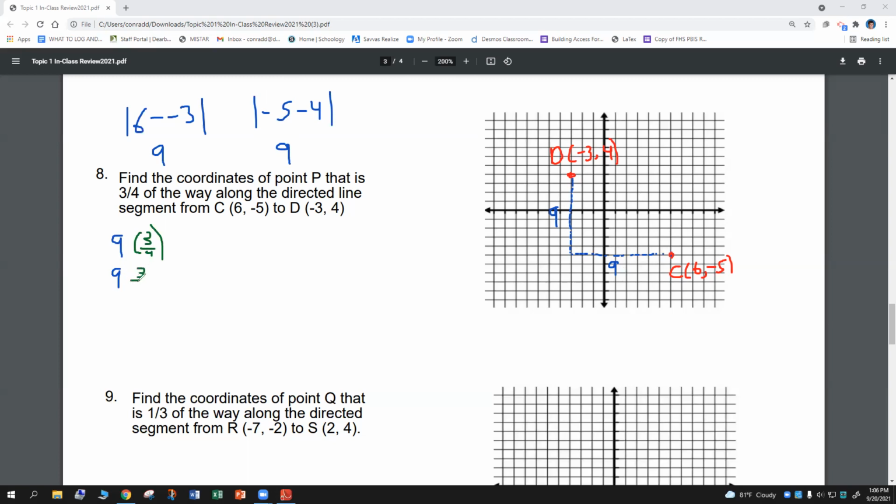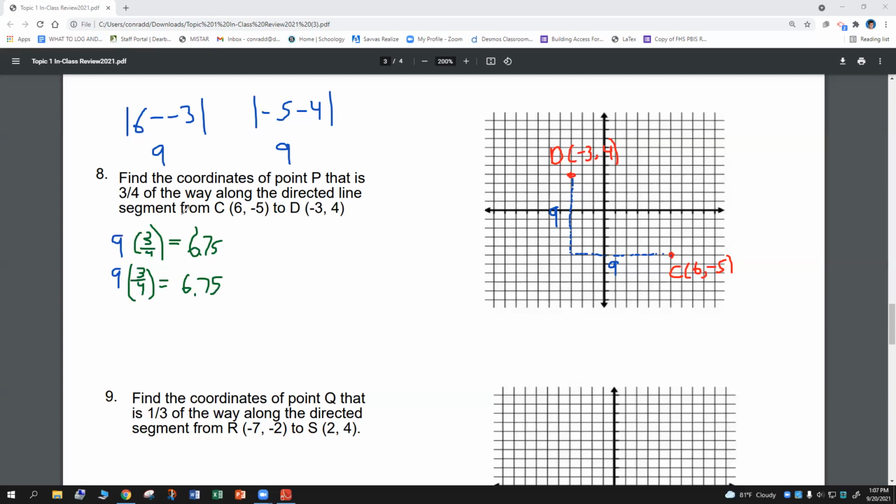And 3/4. That should give us 6.75 for each of those. So instead of going 9 to the left and 9 up, we're going to go 6.75 to the left and 6.75 up.